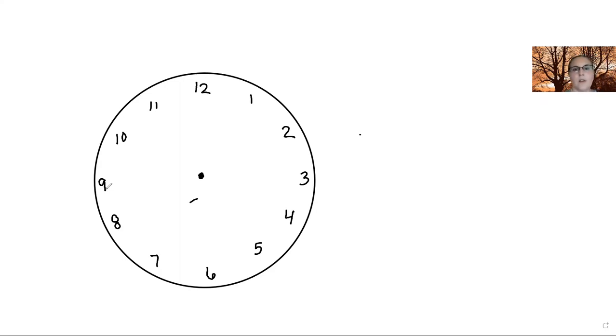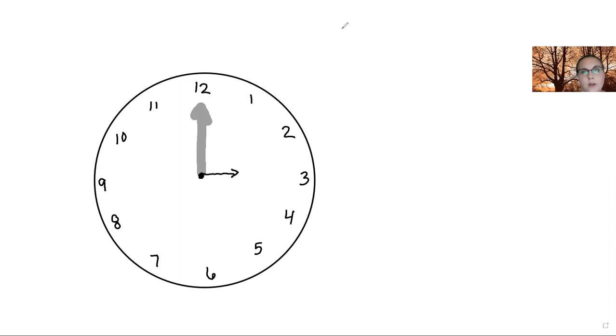So an analog clock can have three different hands. The big, thick hand is going to tell us the minutes. And then we have a smaller hand that is going to tell us the hour.